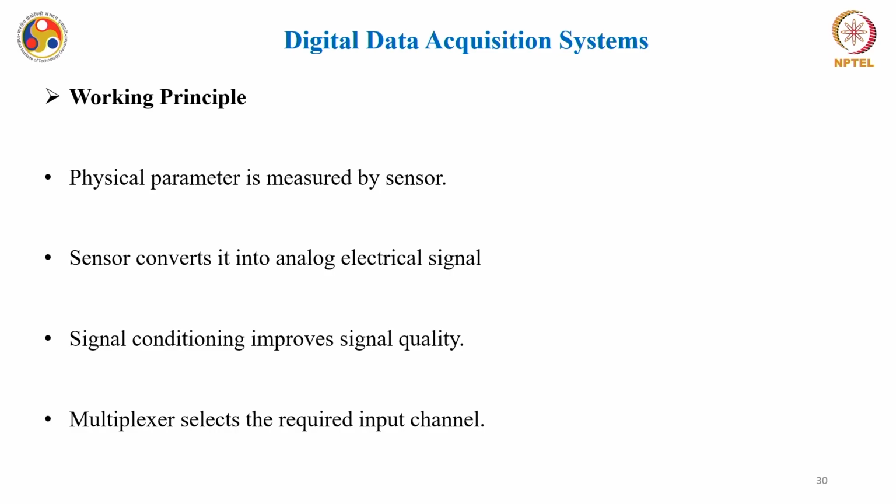The working principle of these systems is very simple. You have physical parameters which are measured by the sensor or the transducer at the first stage. These sensors convert the physical parameter into some electrical signal, maybe a voltage or a current.